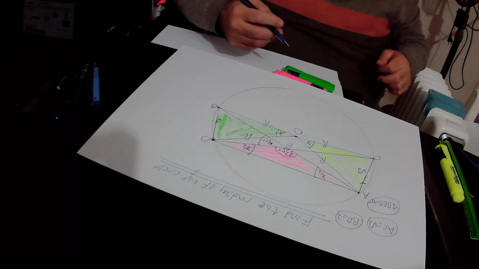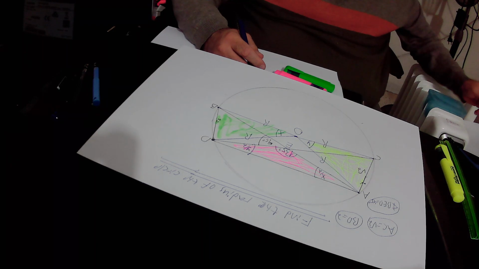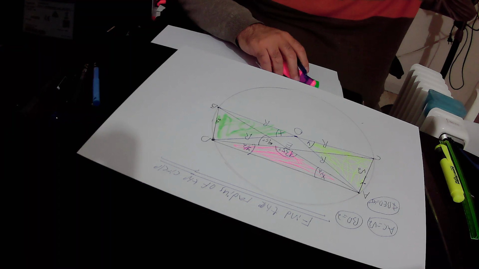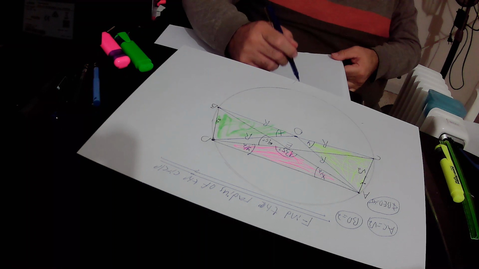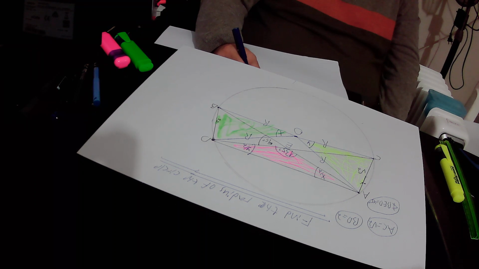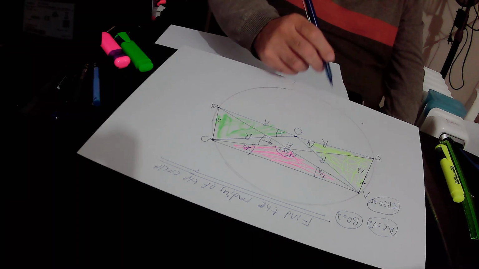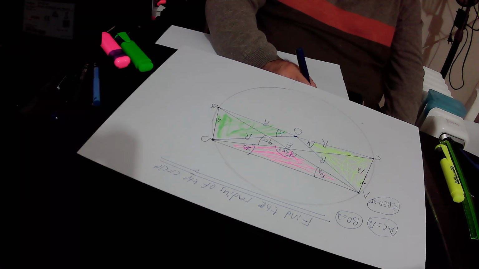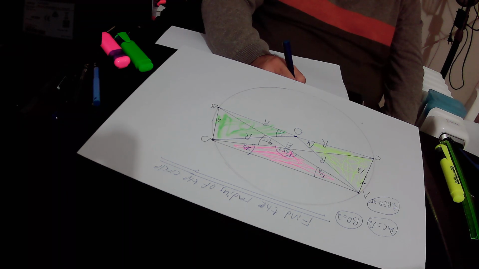And we also know that the sum of the angles in any triangle is equal to 180 degrees. Therefore, in the pink triangle, triangle AED, the angles we have inside are angle x over 2 plus y over 2 plus 135 degrees equals 180 degrees.